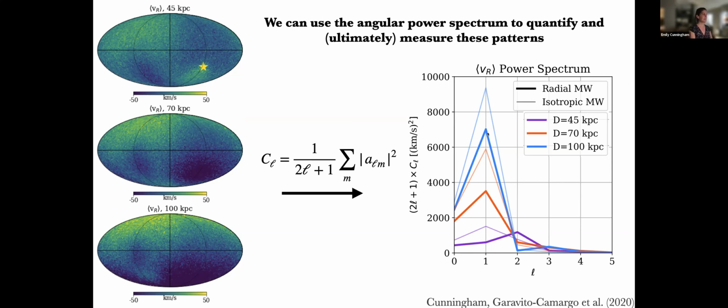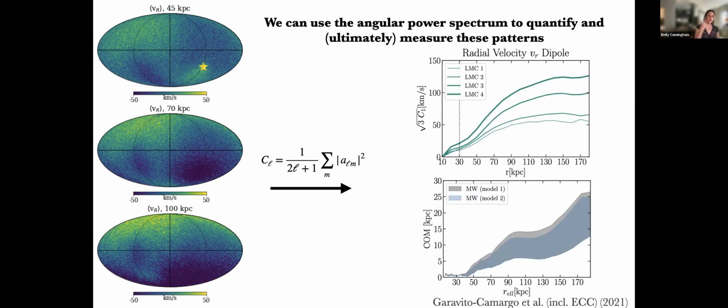And what we see here is that as we move farther out into the halo, we have a radial velocity dipole that is increasing as a function of distance. And the angular power spectrum gives us a way of quantifying that. This is consistent with a later paper that Nico wrote that I contributed to, on using basis function expansions to characterize the density wakes in his simulations.